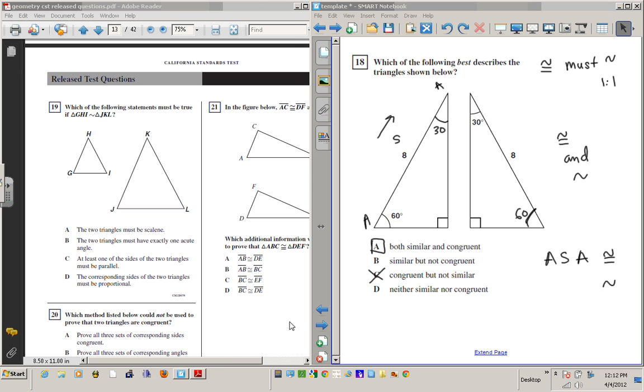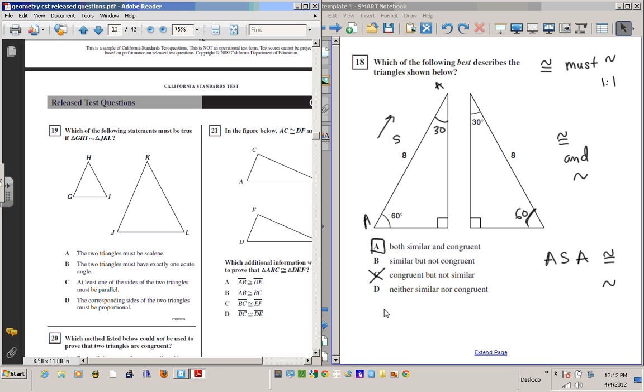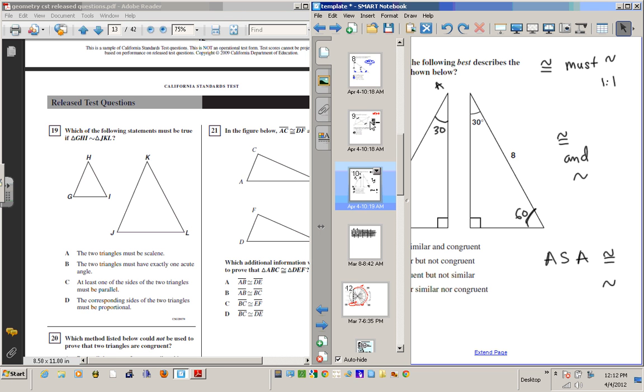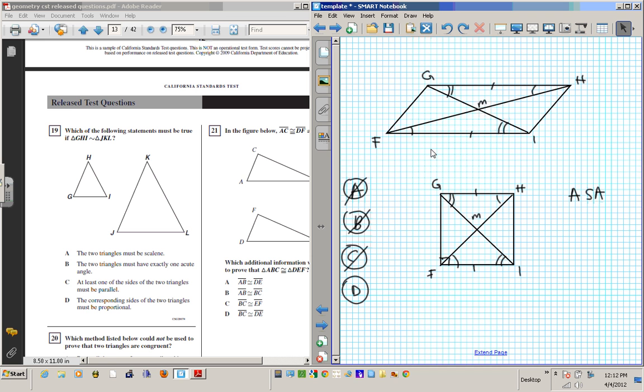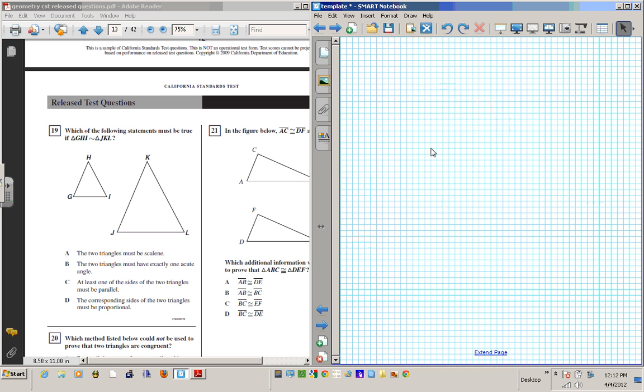Alright, so let's take a look at this. To prove congruency in number 19, what we need is either for all three corresponding sides to be congruent, that will basically be SSS.